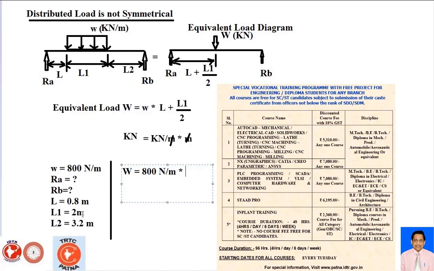L1 is 2 meter, in the symmetric sense L1 by 2. So multiplying by 2 meter, W will be equal to 1600 Newton. The meter and meter cancel out, and W equals 1600 Newton.